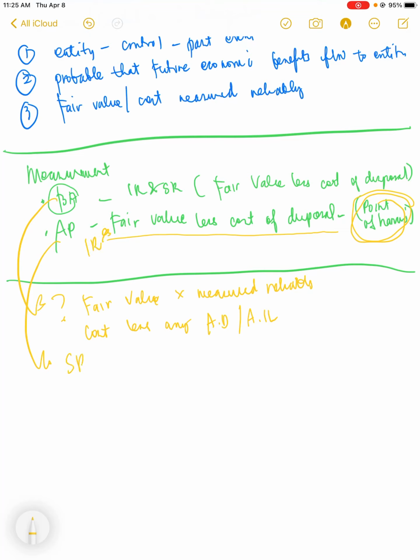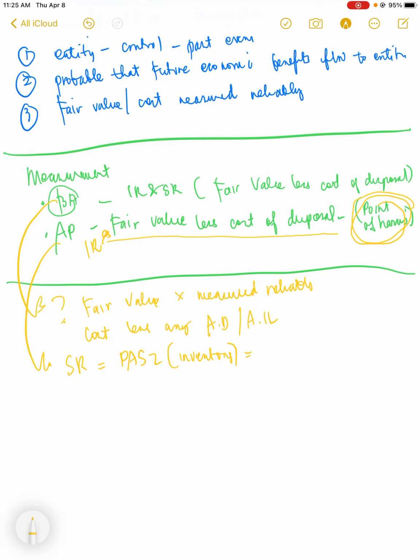But in terms of subsequent recognition, since agricultural produce are already harvested na, subsequently, hindi na po siya covered ng PAS 41. Okay? So, once po na ang agricultural produce ay na-harvest na, ang subsequent recognition na niya is under PAS number 2. Because it is now treated as inventory. And since inventory, PAS number 2 na yung co-cover sa kanya, its subsequent measurement now is its net realizable value.